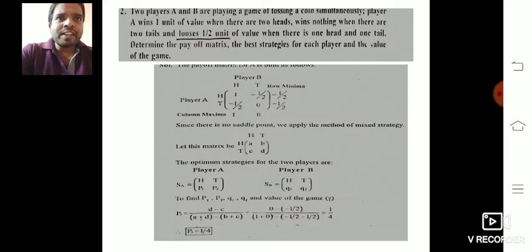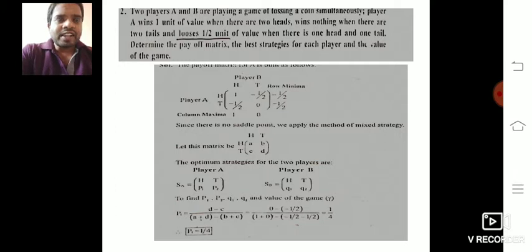Now how many players are there here? 2 players, player A, player B. Now the player A wins 1 unit of value when there are 2 heads. Now for the player A, write down the heads and tails, and for the player B, heads and tails. Wherever the 2 heads are there, just write down 1 there.